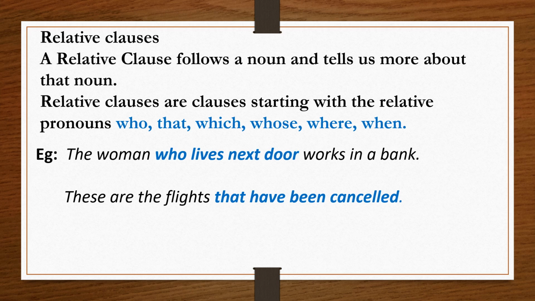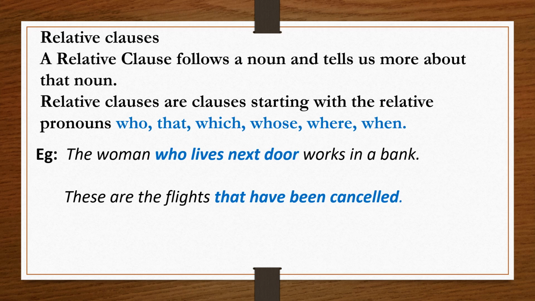Relative clauses. A relative clause follows a noun and tells us more about that noun. Relative clauses are clauses starting with the relative pronouns who, that, which, whose, where, and when. For example, look at the first sentence.